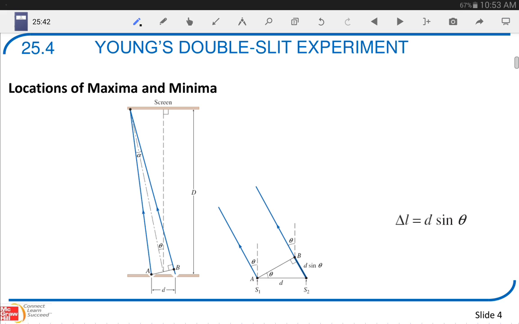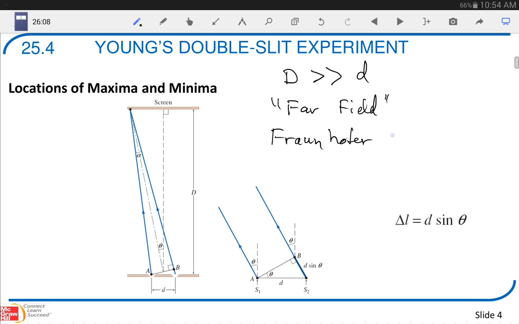Now, as I told the students in Physics 252 yesterday, we are working exclusively in the regime where capital D is much, much greater than lowercase d. That's called the far field, and the result is called Fraunhofer diffraction.